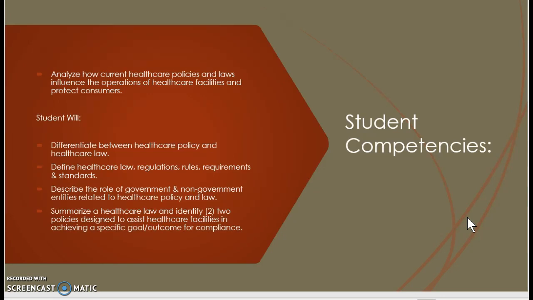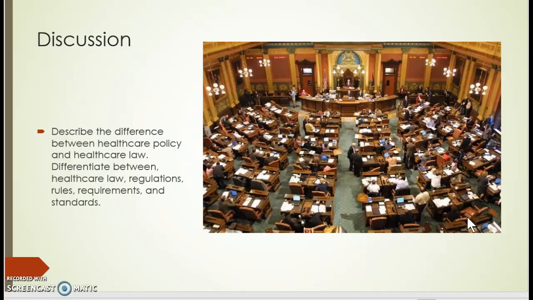You're going to describe the role of government and non-government entities related to healthcare policy and law and know the difference between the two. And you're going to summarize the healthcare law and identify 2 policies designed to assist facilities in achieving a specific goal or outcome for compliance. That is your assignment.